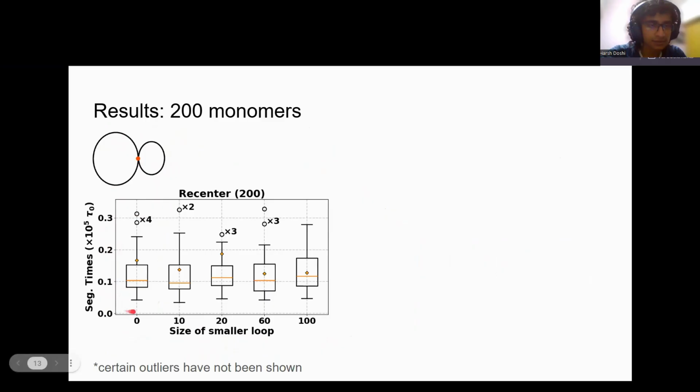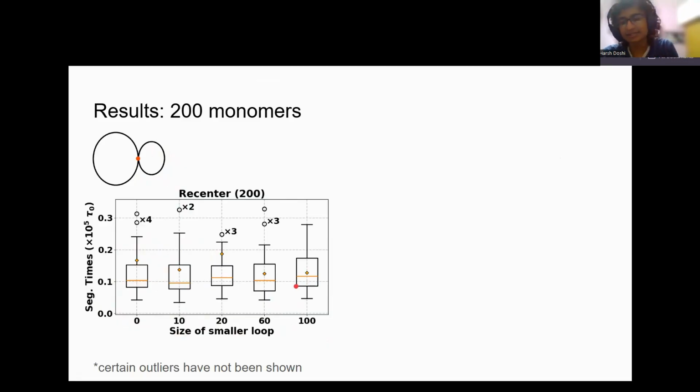Each of these boxes corresponds to the spread of segregation time obtained for that particular topology. So 0 here just indicates the simple ring polymer, and 10, 20, 60, 100 indicates the number of monomers present when an additional smaller loop is placed. In each of these cases, we can see that there's not much difference in the spread of the segregation time.